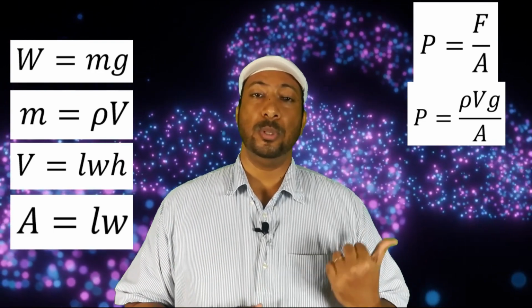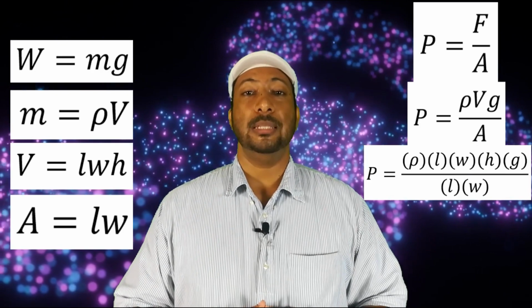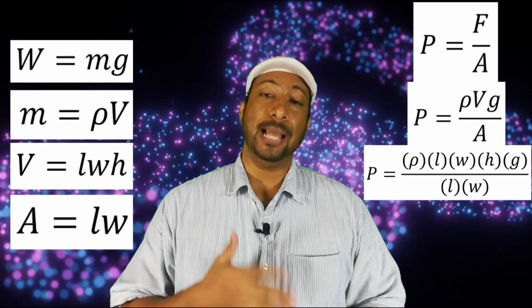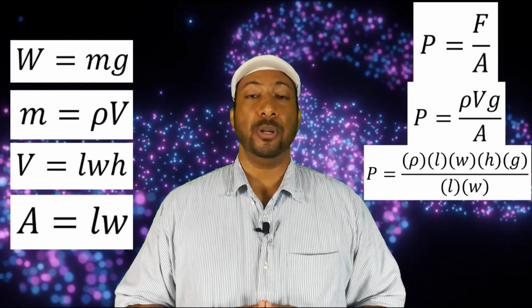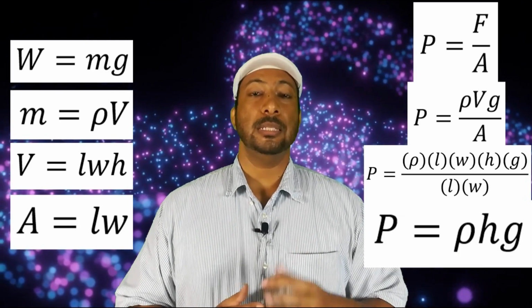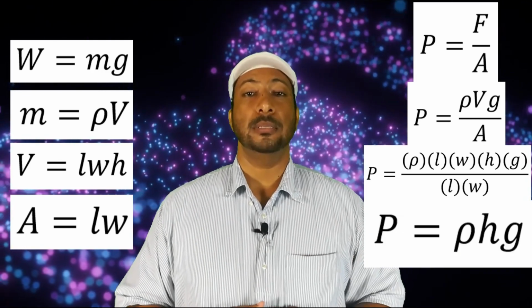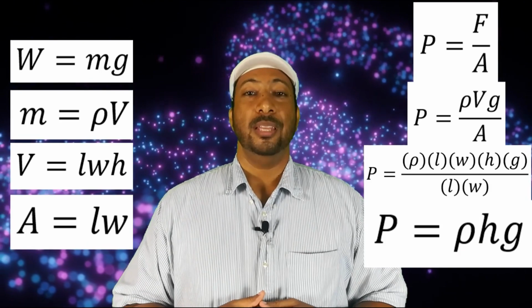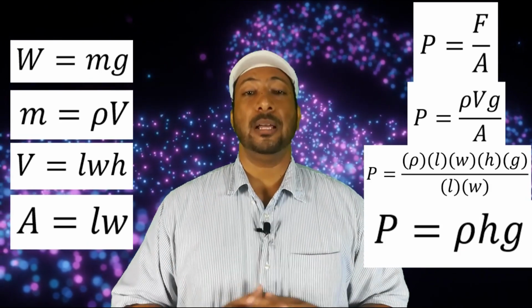So if we substitute those into our formula, we will get that the length times width cancel out. So we have that pressure is equal to density times height times gravity. If we rearrange that and put it in alphabetical order, then we get our formula. Pressure is equal to rho g h, where rho is just the Greek symbol for density.